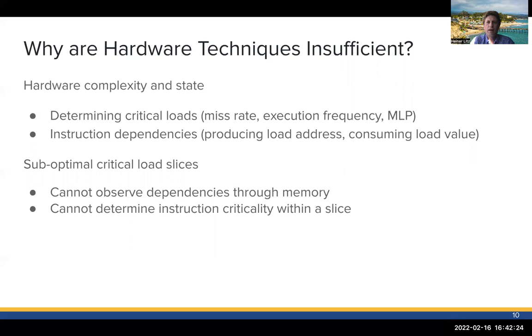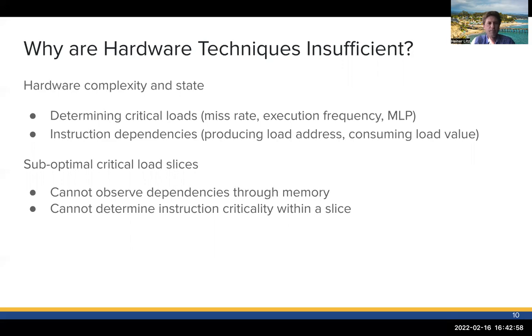We need to maintain large tables that capture load PCs, their miss rate, and execution frequency. Secondly, we would have to implement a mechanism in hardware to extract instruction dependencies and to implement the backwards data flow analysis. Both of these tasks require and introduce a lot of hardware complexity and storage.